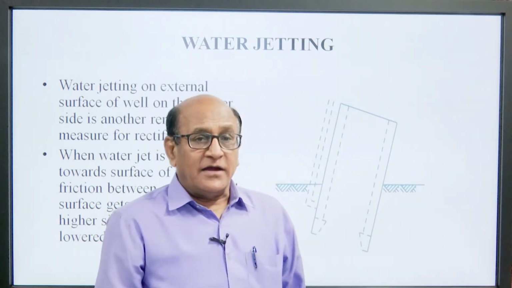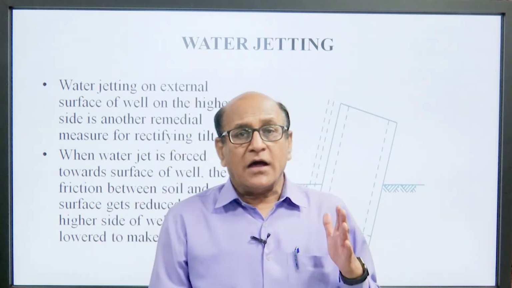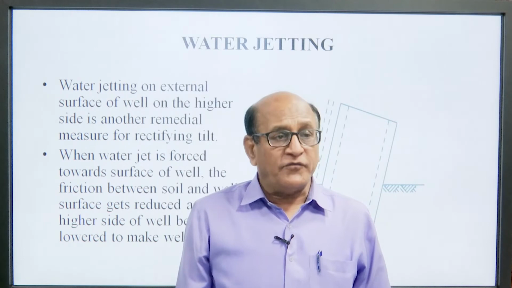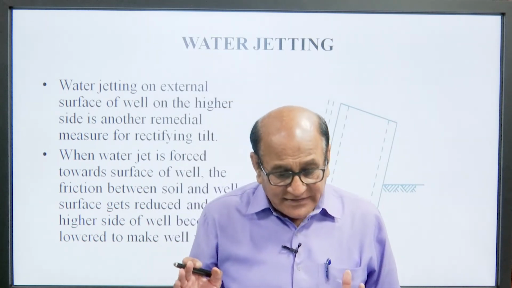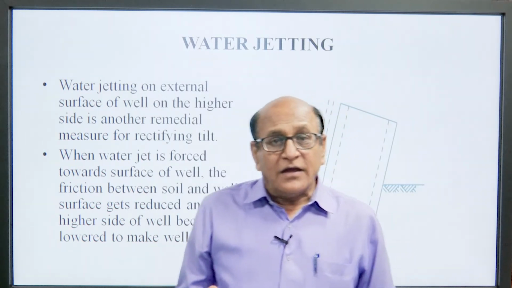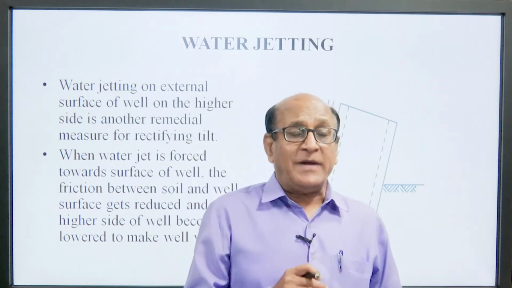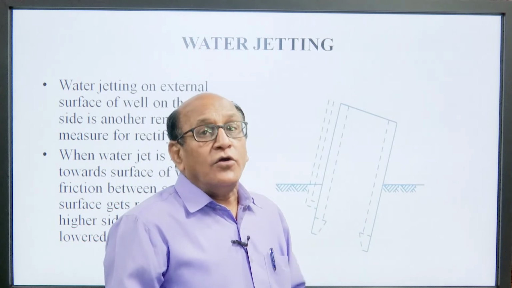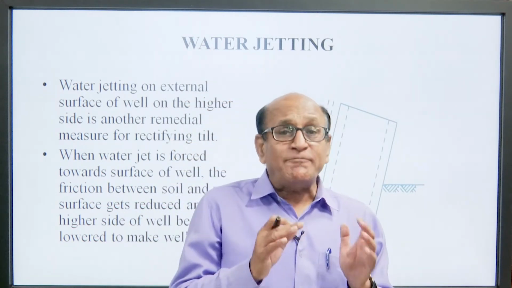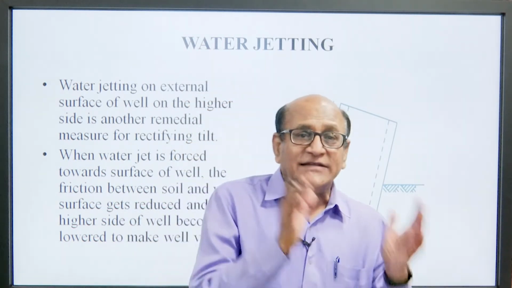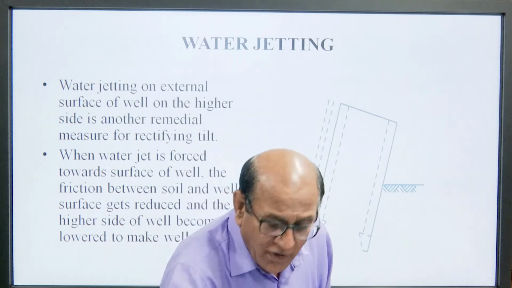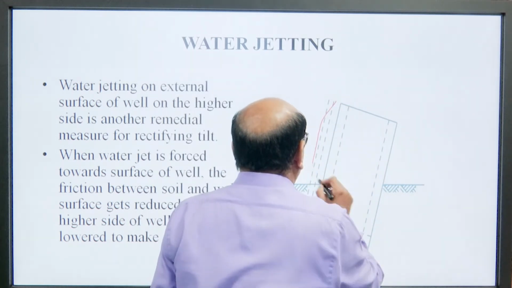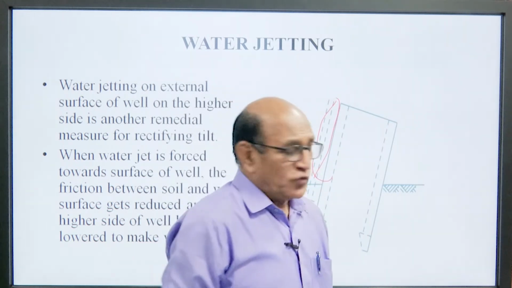Then water jetting: if there is a problem of tilting of the steining, then water may be applied by jet to reduce the friction forces between the steining and the soil. So, in this portion water is now forced.